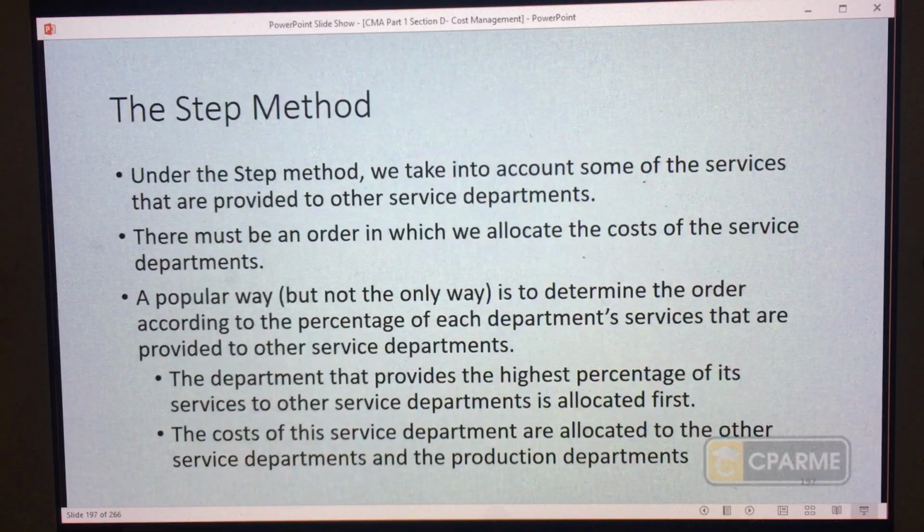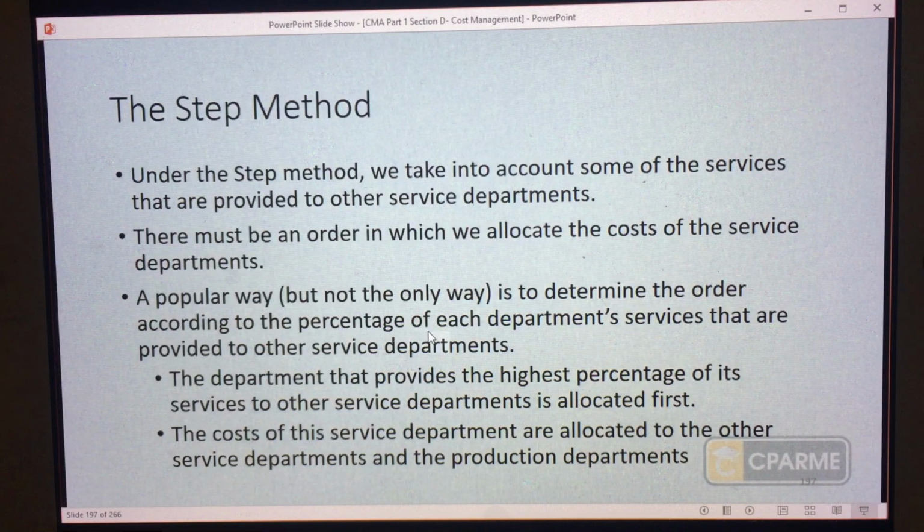The step method, on the other hand, takes into account some of the services that are provided to other service departments. Once you have given the share of a service department, we allocate the cost of service to the other department.